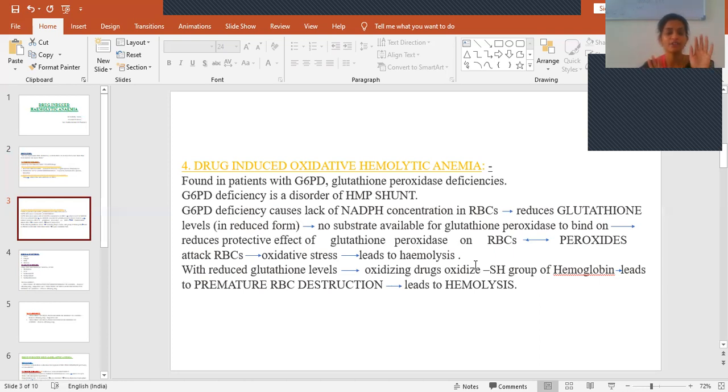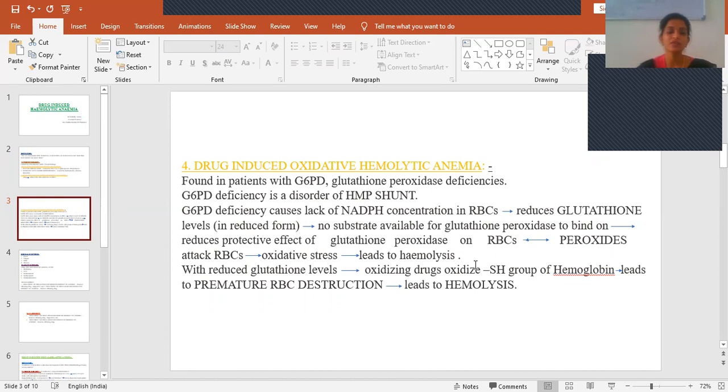But here, instead of 100, only 50 glutathione molecules are produced while the peroxidase is 100. So 50 will bind to the existing glutathione. But the remaining 50 molecules of glutathione peroxidase will go and bind to the red blood cells and cause their destruction by oxidation. So it causes oxidative stress and breaking down of red blood cells. This is how drug-induced oxidative hemolytic anemia takes place.